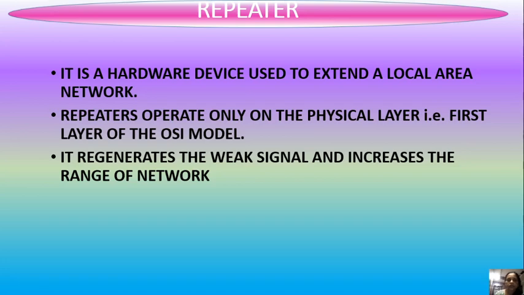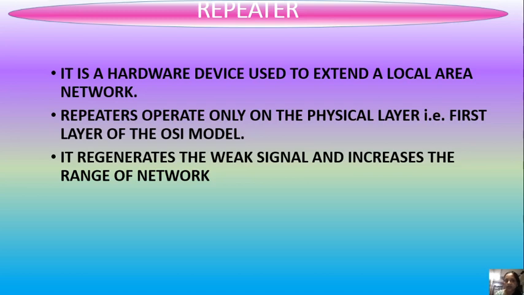Here some points are given related to repeater. First, it is a hardware device used to extend a local area network. Second point, repeaters operate only on the physical layer. As we have seen in the OSI model slide, the physical layer is the first layer, and repeaters operate only on that first layer.